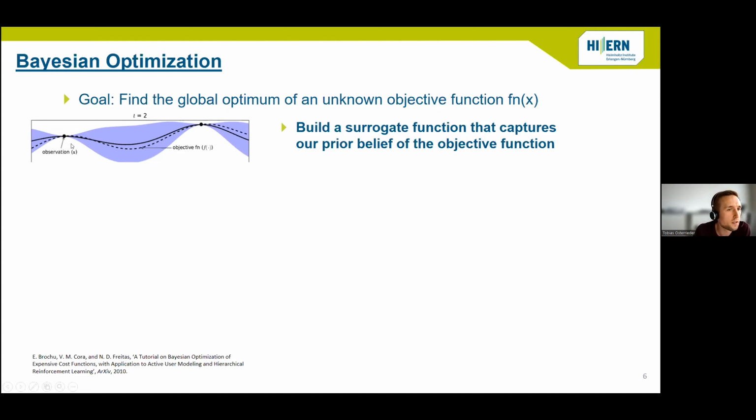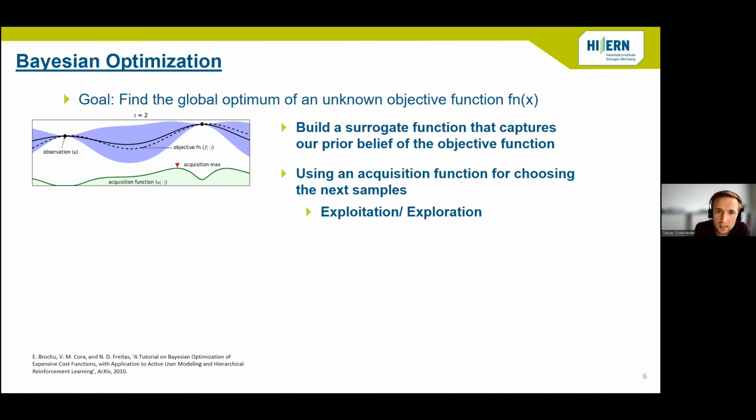Here at some points we already have evaluated the function, so we know where the objective is, and now to choose which sample we want to produce next, we build an acquisition function. And this acquisition function is built in a way that it's high where our surrogate function predicts a good value, and also where the uncertainty of our surrogate function is high.